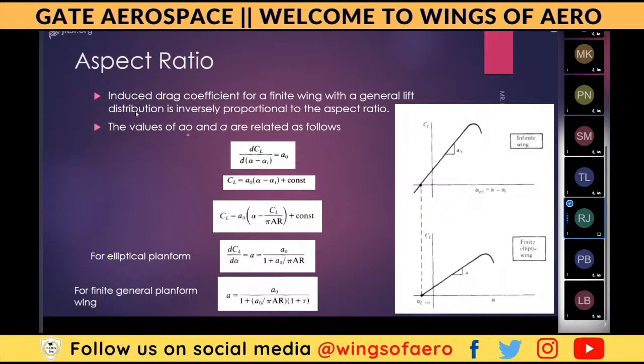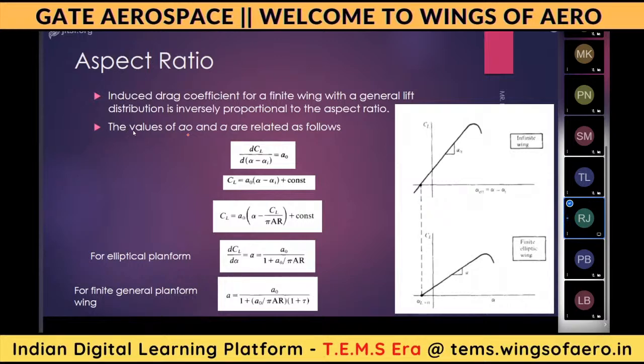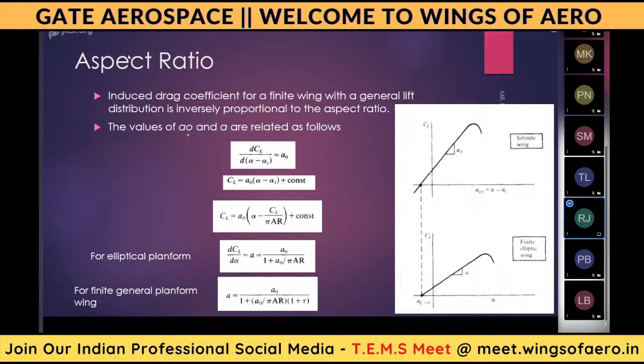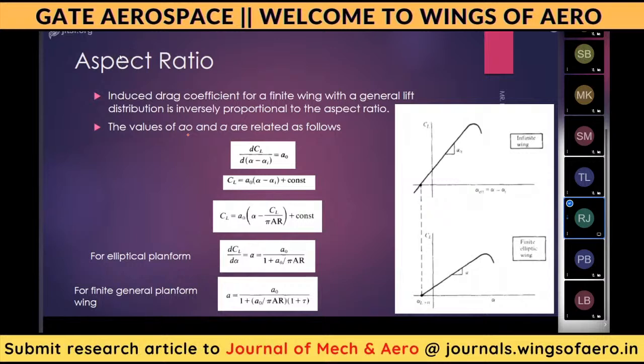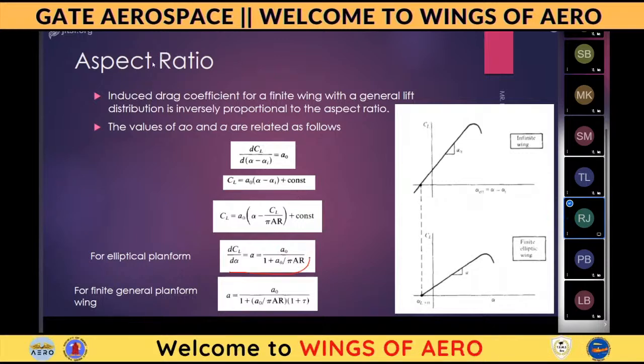So a naught and a are related as dCL divided by d alpha equal to a naught. Here, for an elliptical planform and a normal finite wing planform, there is no need for all these things. We will be focusing on these two formulas only.